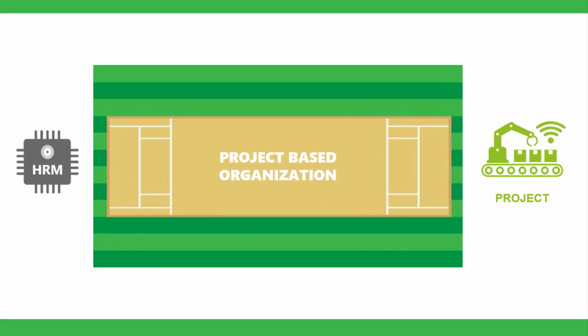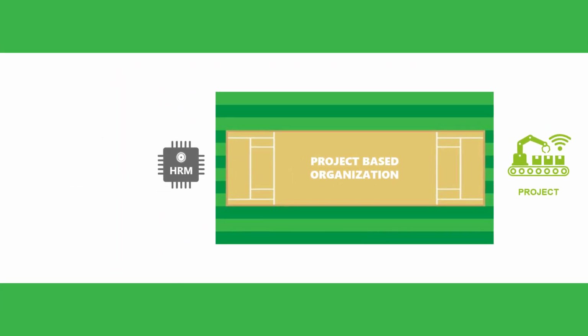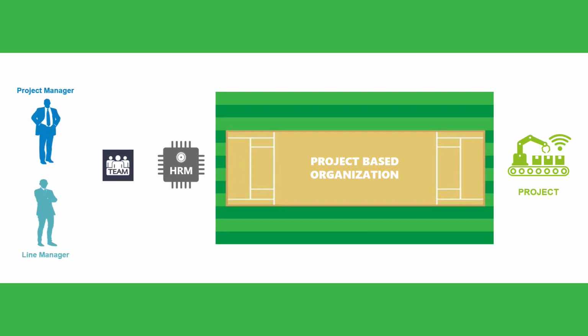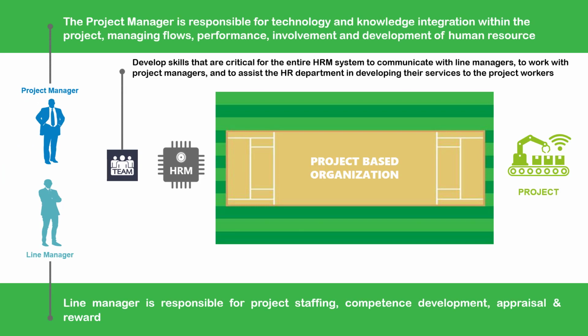The project-based organization differs from the functional organization in that the HRM is not the sole responsibility of the HR department. There are three more managing players at the work ground: the project manager, line manager, and individual workers. Here, the project manager plays the important role as he is responsible for technology and knowledge integration within the project, managing flows, performance, involvement, and development of human resource.